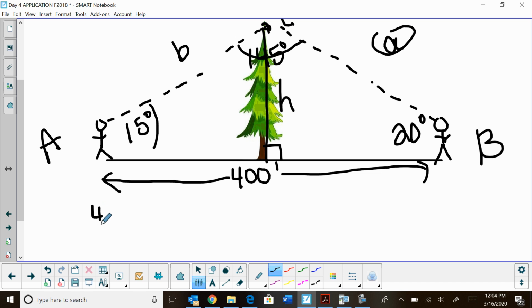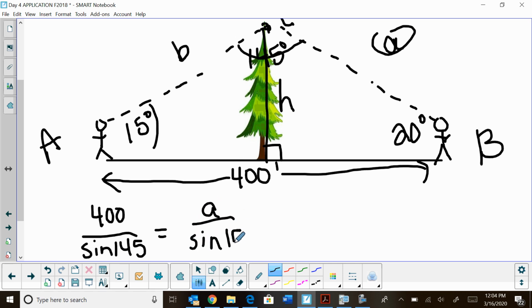So 400 over the sine of 145 is equal to a over the sine of 15. By cross multiplying, I'm going to take 400 times the sine of 15, and divide by the sine of 145.